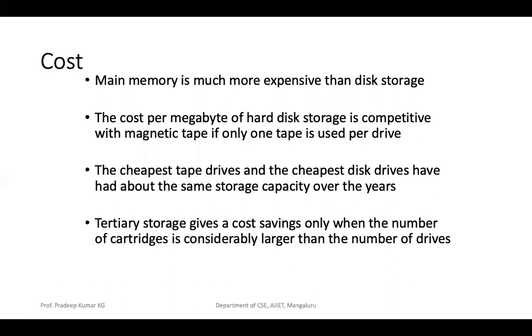Coming to the cost, main memory is much more expensive than disk storage, and the cost per megabyte of hard disk storage is competitive. Right now in the market, because of the advancement of technology, even SSD is available at a lesser amount.